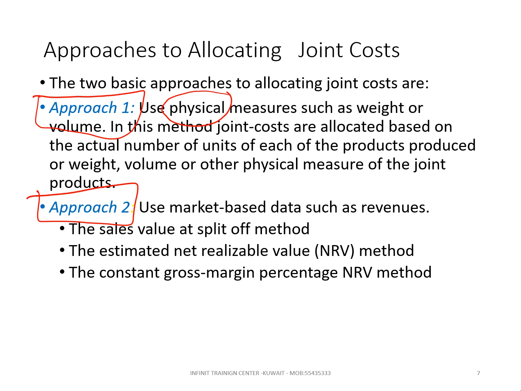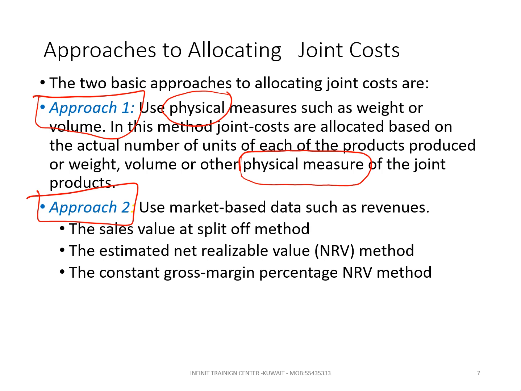We will allocate the total joint cost based on how many units of each product is produced, or what is the weight of each product produced. Basically, you will allocate the total cost based on how many units of each joint product is produced, or we can say some type of volume or weight, something we will consider.